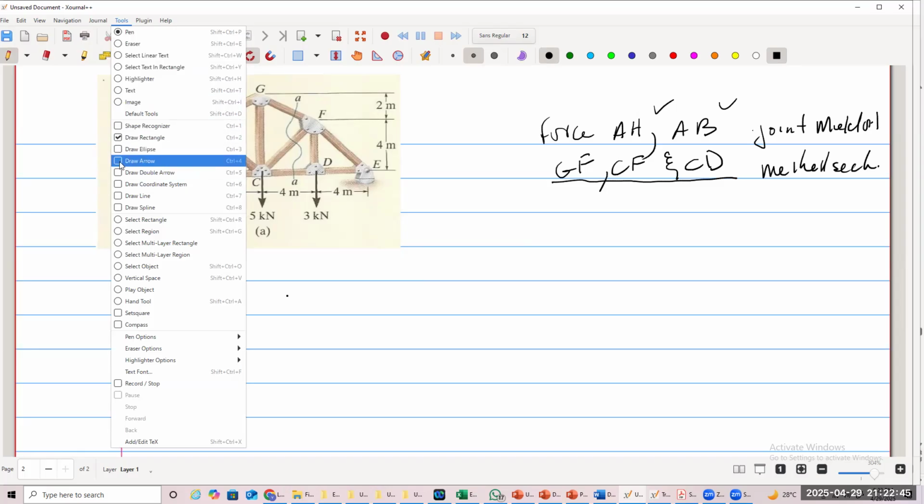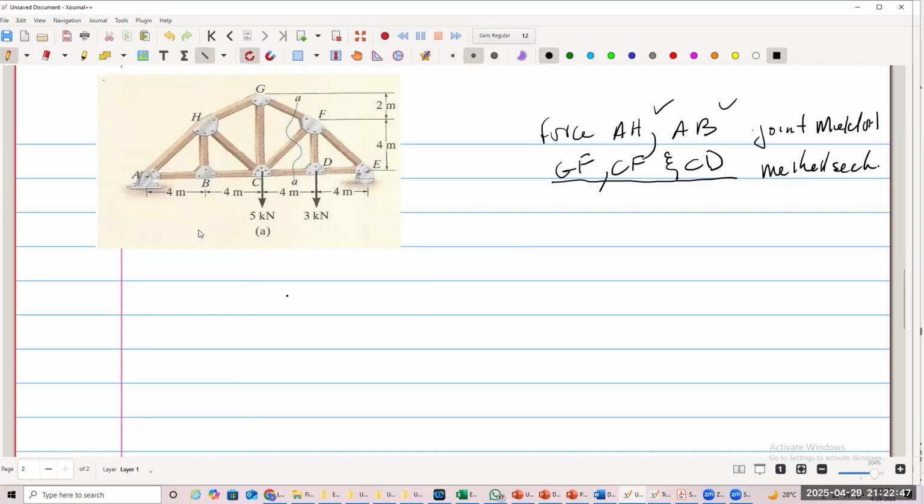So we're going to draw some lines first. The first thing you do is draw your quick free body diagram. You draw your free body diagram quickly, guys. We do it as quickly as possible, so it may not look exactly like the one up there, because I'm just doing a quick one.